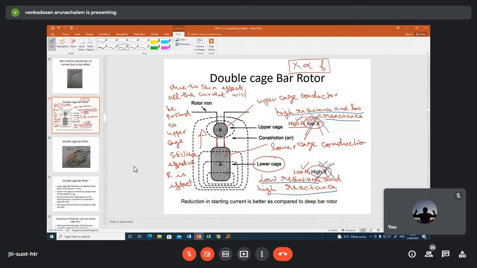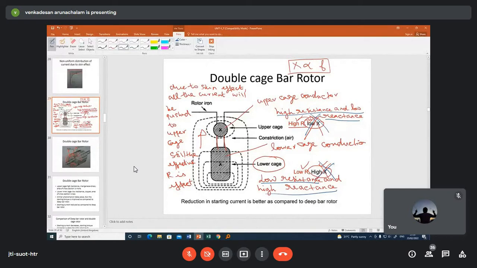So during starting time, the current will flow only in the upper cage, but during running time, current will flow both in the upper cage and lower cage, because the lower cage has very low resistance, so the current will penetrate till the lower cage.